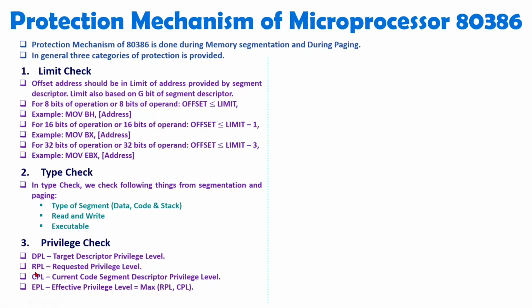What system will do is, system will consider effective privilege level only. In that we will be considering maximum of RPL and CPL. So current code segment descriptor privilege level and requested privilege level, both will be considered over here, and out of that whatever maximum is there, that will be assigned as effective privilege level, right?